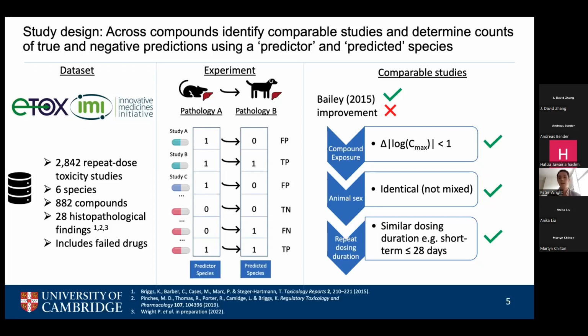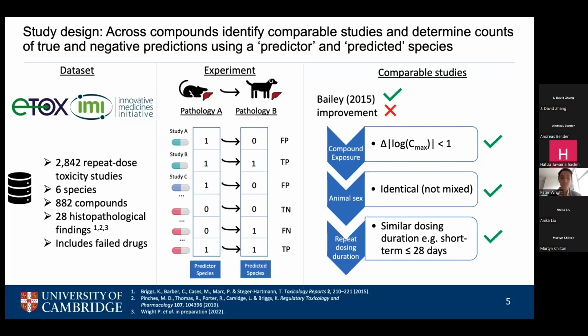We also ensured that some study covariates like animal sex were identical between the studies compared, and we didn't use mixed groups, so just male animals or female animals. And finally, we made sure that the repeat dosing duration for which the findings were observed was similar. So we'd only compare target toxicities between acute studies, and not between acute studies and chronic studies, for example.